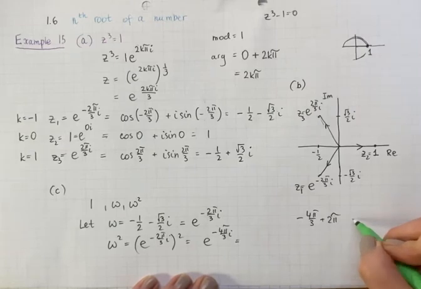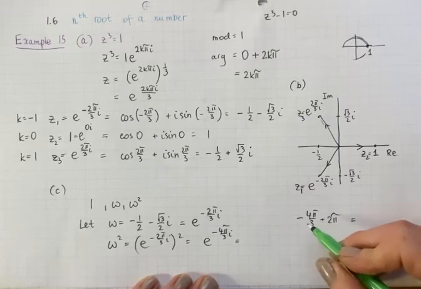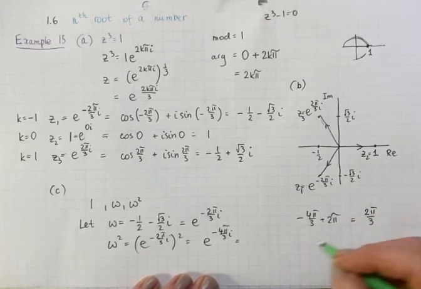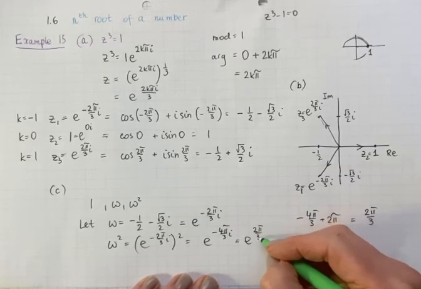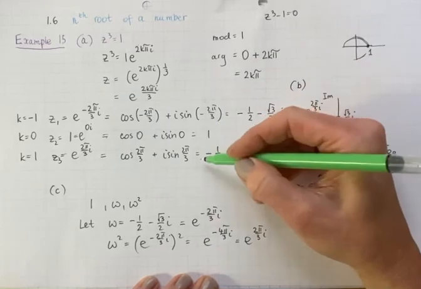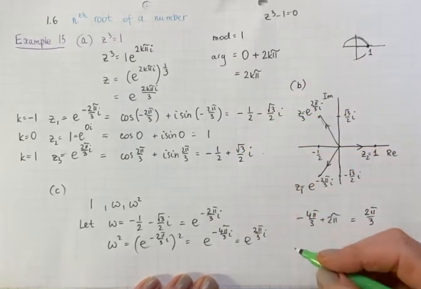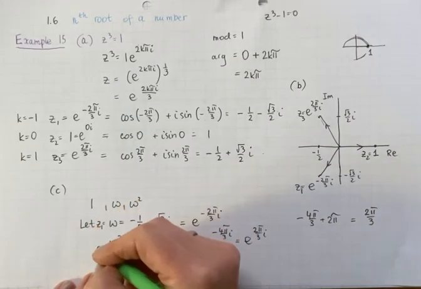So this is going to be 6π/3 added to minus 4π/3, which leaves you with 2π/3. So it's e to the power of 2π/3 i, which is identical to our last complex number over here. So this one would be your z1, and then this one has got to be z3.